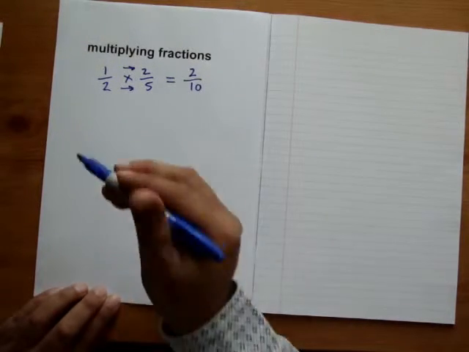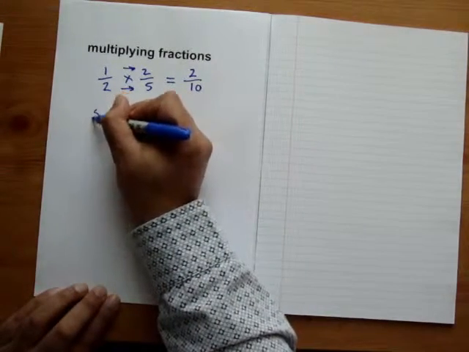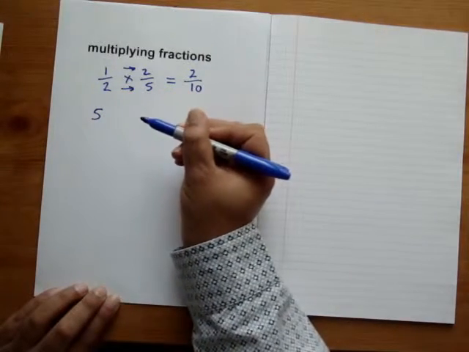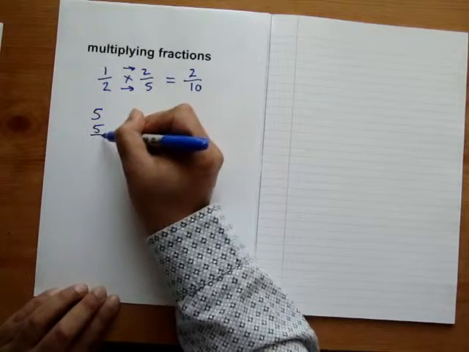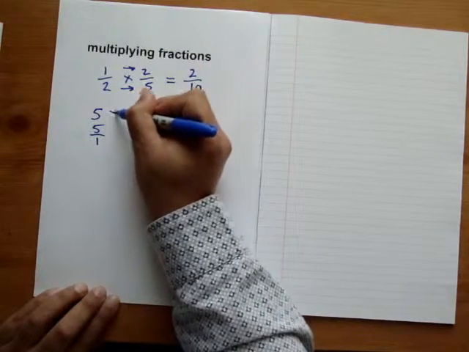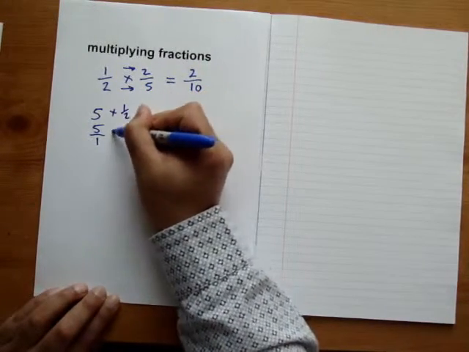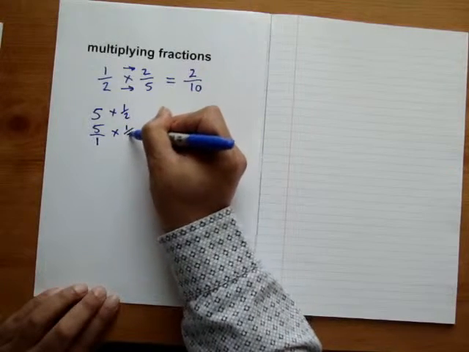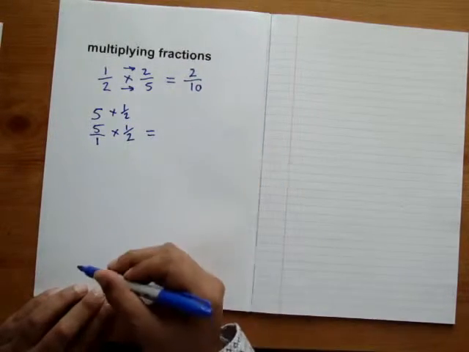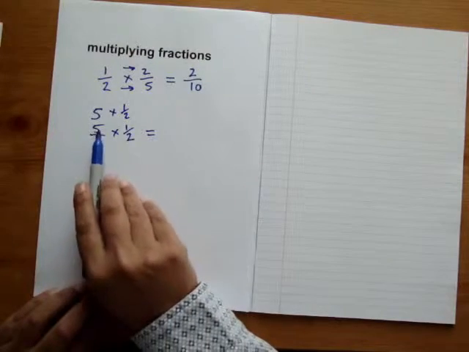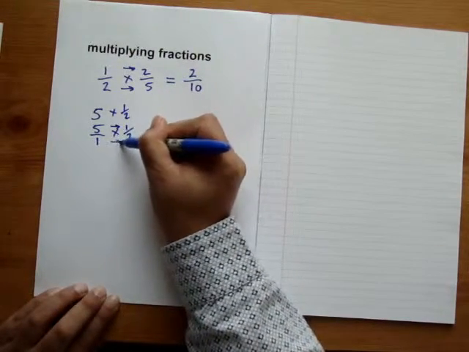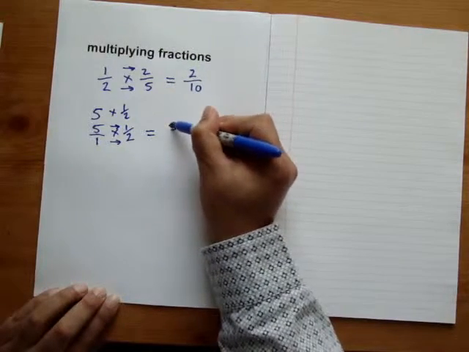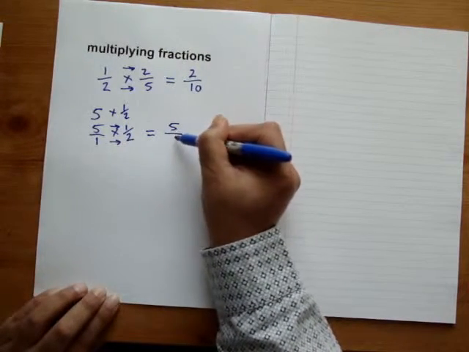If we have a whole number, 5, the 5 can be treated as 5 over 1. Say we were multiplying by a half, that becomes 5 times a half. Multiply across, 5 times 1 is 5. 2 times 1 is 2.